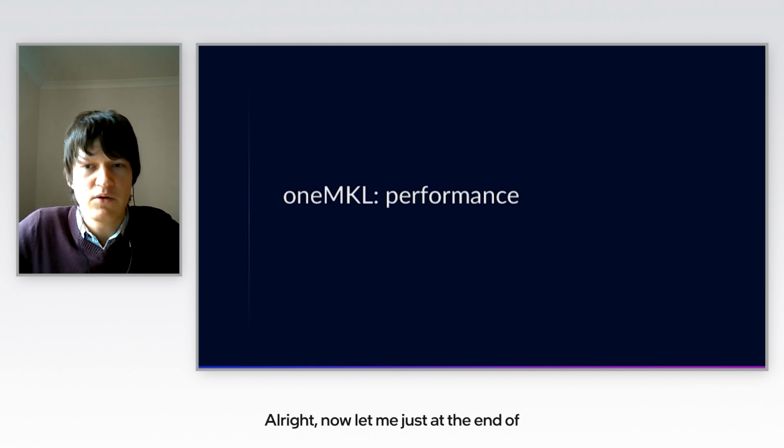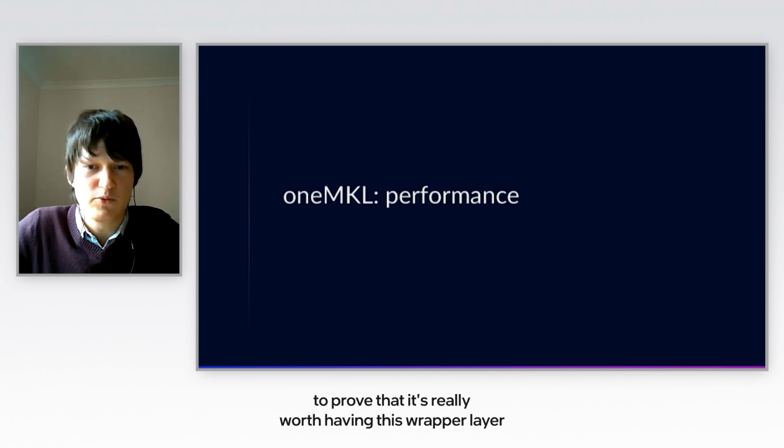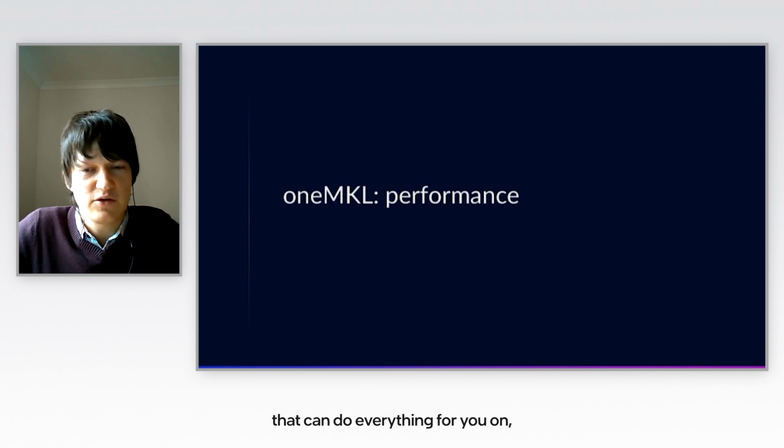All right, now let me present at the end some performance numbers to prove that it's really worth having this wrapper layer that can do everything for you on multiple architectures without losing any performance.